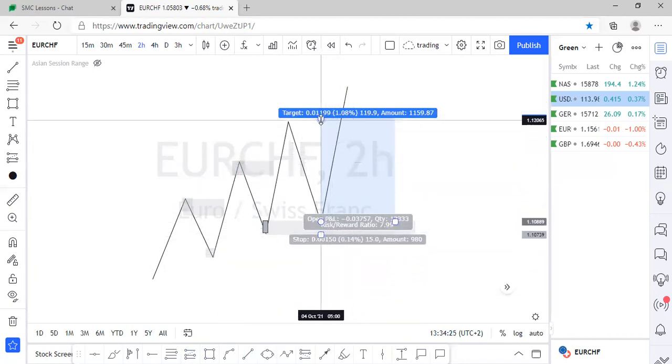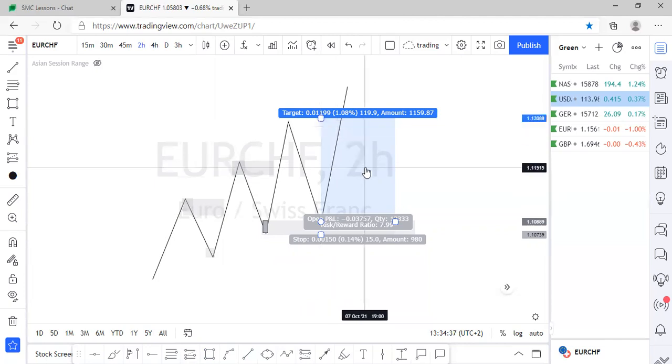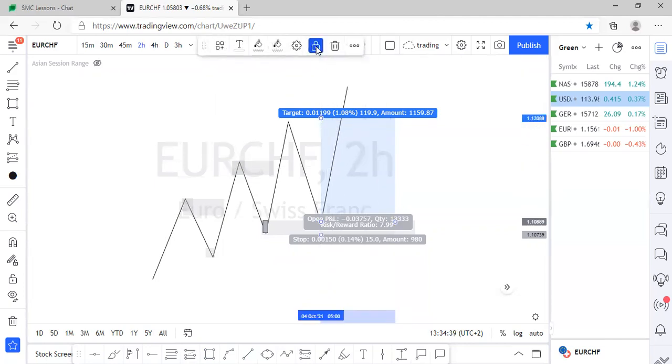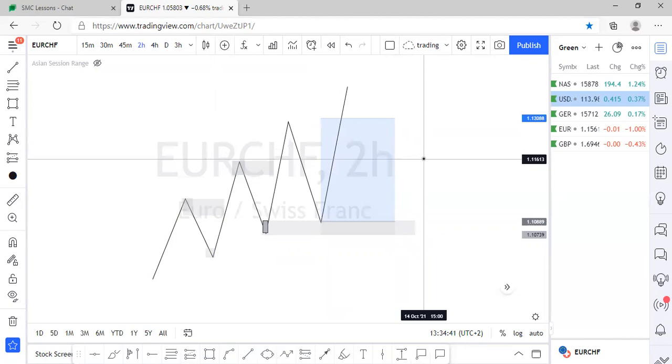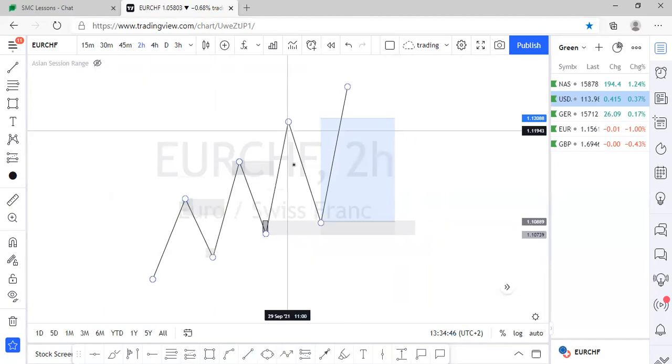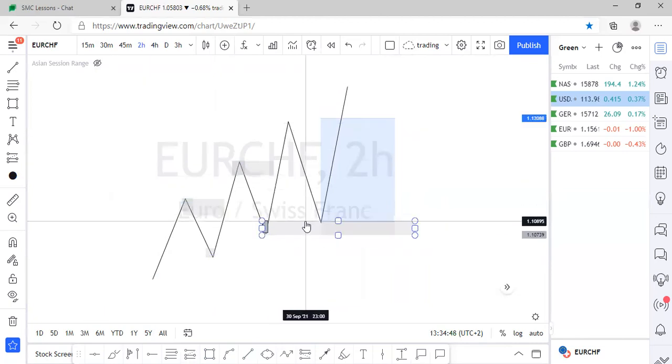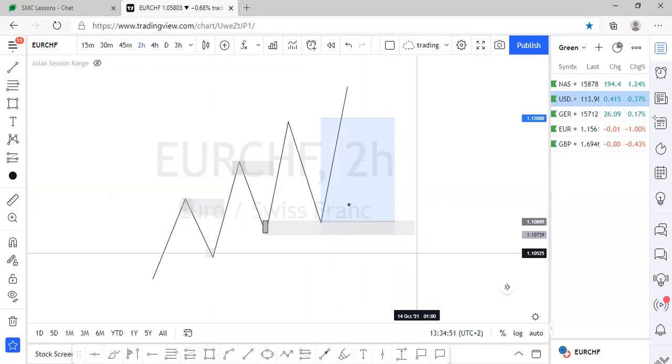I don't know if you found this video through my PDF or whatsoever. If you went through my PDFs, you understand so many things here. So here I'm just making a visual example. You must trade within the high time frame bias, high time frame structure.